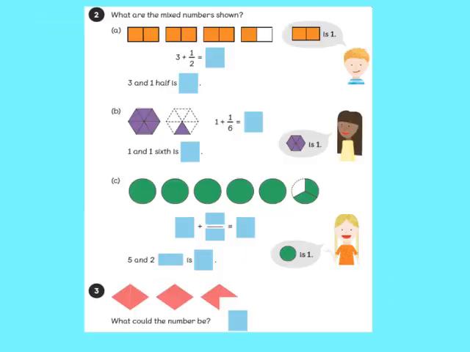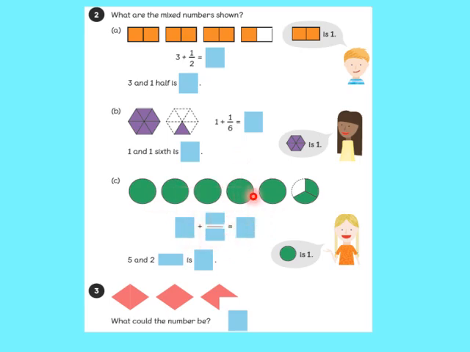So here's the rest of the guided practice I'd like you to try by yourself. There are lots of pictures to help you, and we're going to be writing what these pictures are representing as mixed numbers. So here we have 3 wholes and a half, so 3 plus 1/2. We write it as a mixed number here, and that's the same for B. When you get to C, they haven't filled in any of the blanks for you.